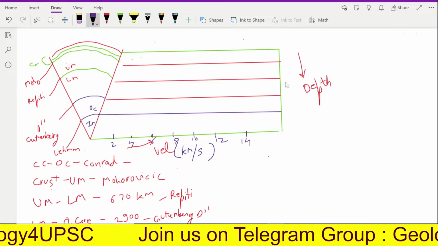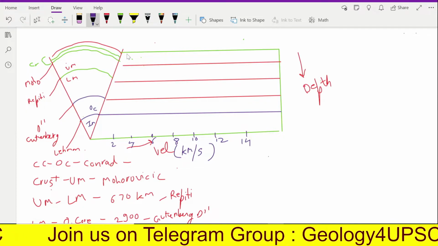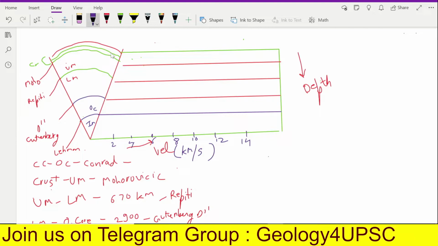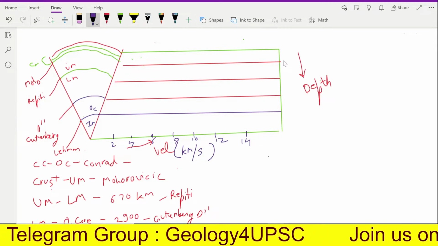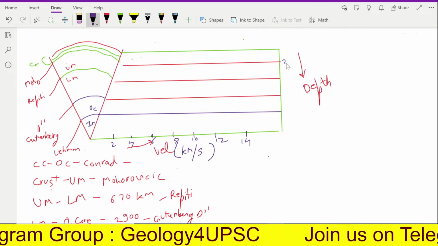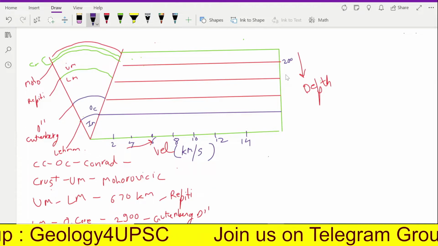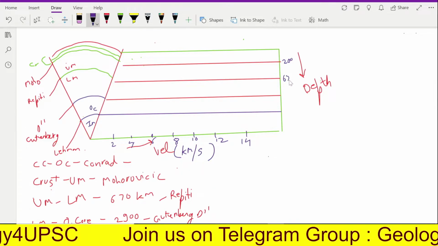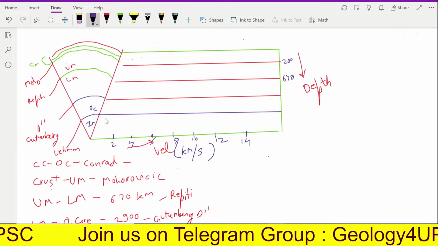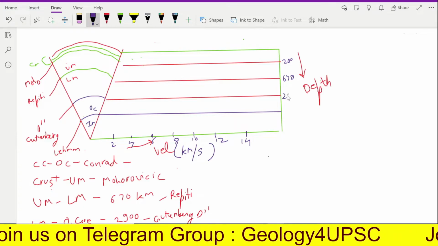For depth, the first is the inner crust and the outer crust, which you can put at approximately 200. Then the outer mantle and inner mantle, put it at 670. Then lower mantle and outer core is at 2900.